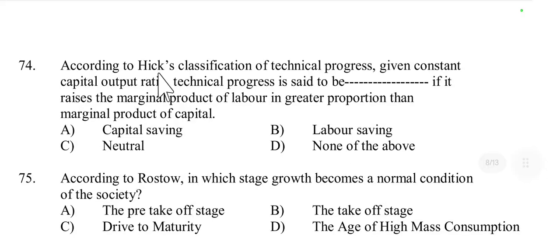Question number 74, according to Hicks' classification of technical progress, given a constant capital-output ratio, technical progress is said to be what if it raises the marginal product of labor in greater proportion than the marginal product of capital? Capital saving, labor saving, or neutral. It is capital saving in nature, because it saves capital by making labor more productive relative to capital.